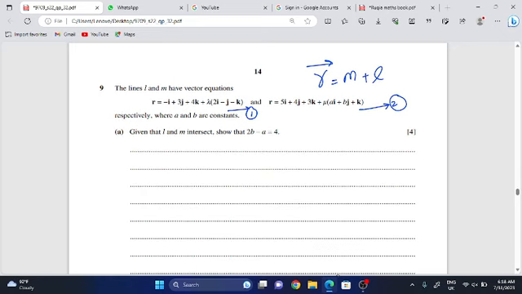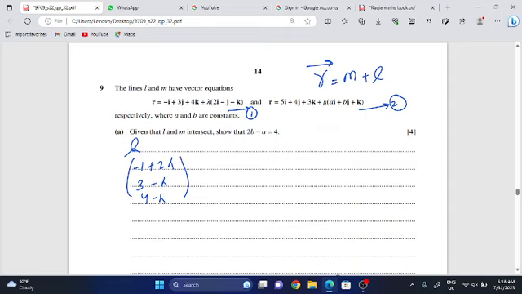So from the first equation I can say my L would be minus 1 plus 2 times lambda, 3 minus lambda, and 4 minus lambda. This is the L from equation number 1.